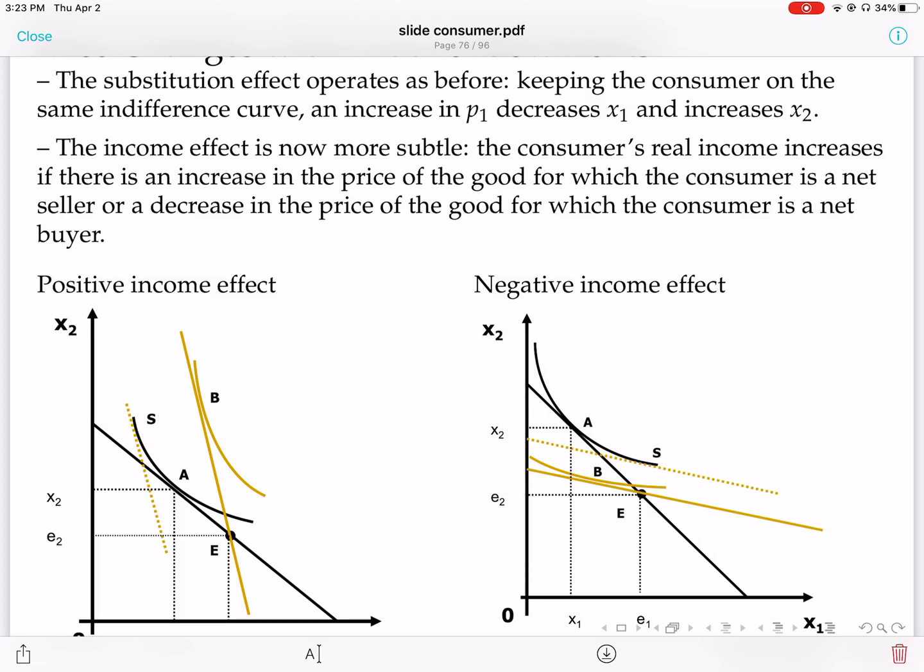So if you go through E with a steeper slope, the yellow line will be your budget constraint. Your optimal decision will become B. So let's see, is this a normal good or an inferior good?